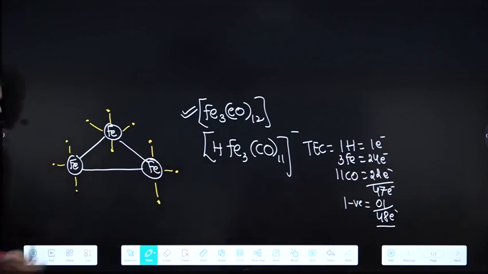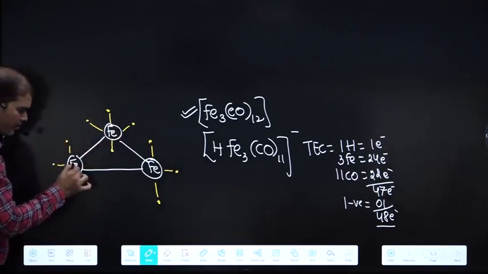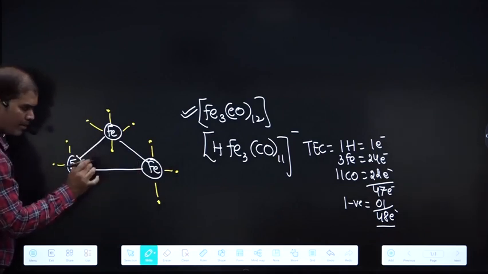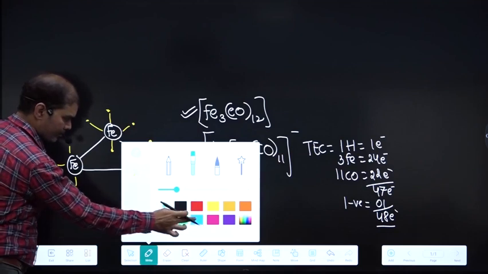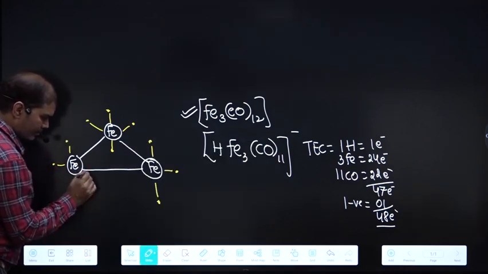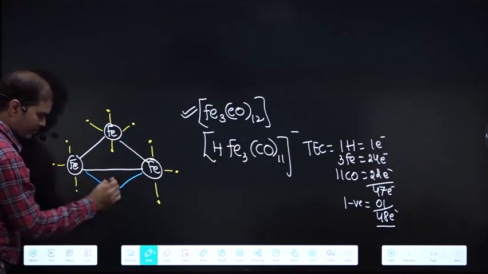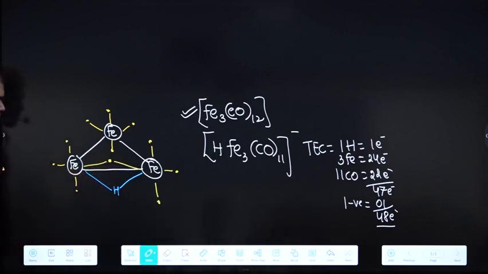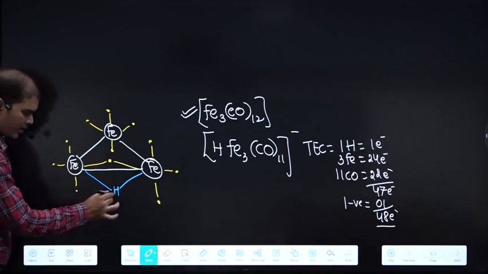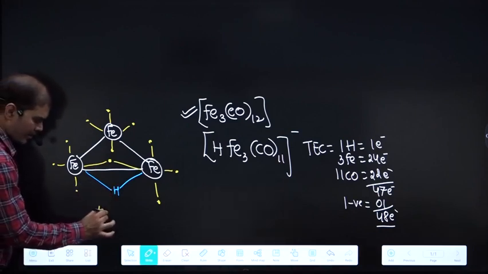Out of 11 carbonyls, we have 4 plus 3 altogether 10. One carbonyl is bridging, and there is another hydrogen which is a bridging one.